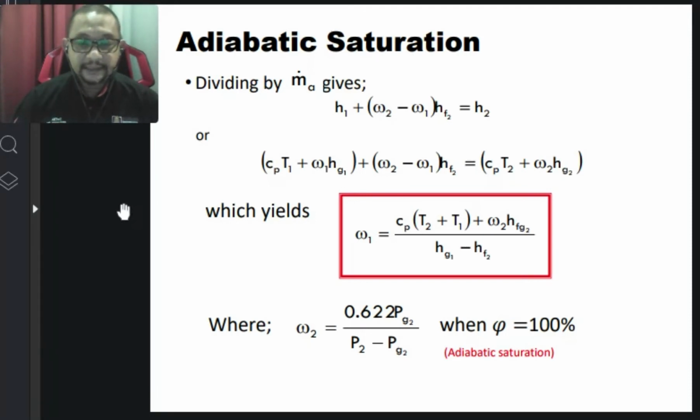So there is another more practical approach to determine the absolute and also relative humidity of air.